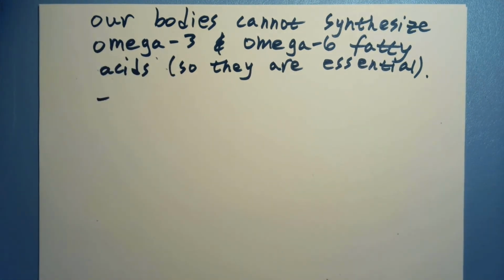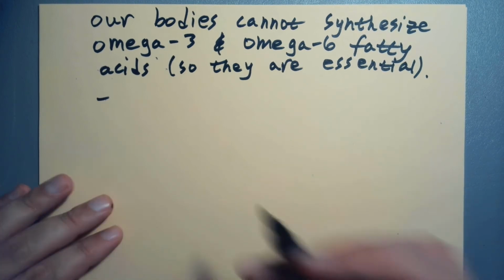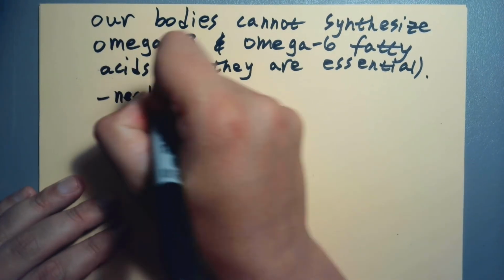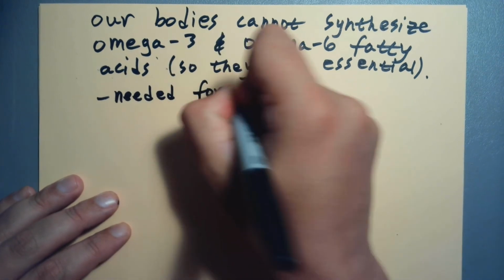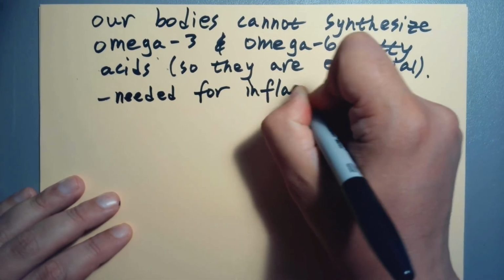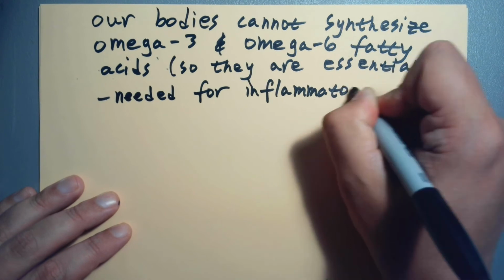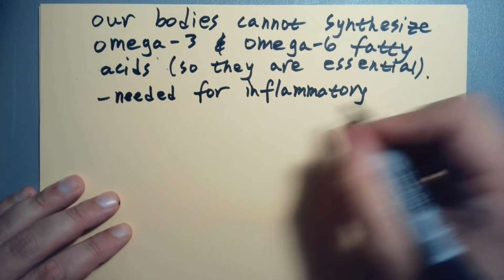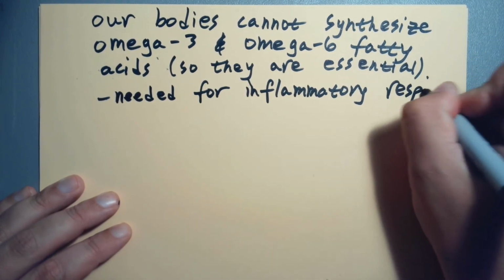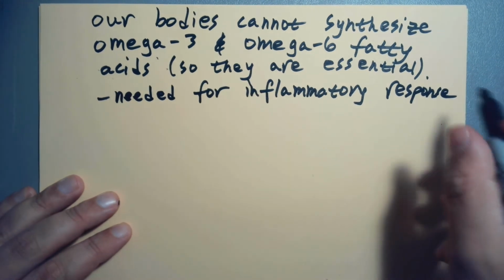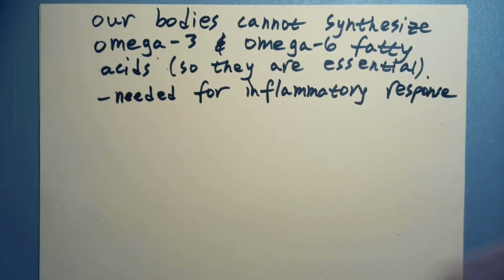And what they're needed for is they drive the inflammatory response in the body. So they are necessary for this. So that's why people often take them as a joint supplement, because they help with the inflammatory response that helps joints out.